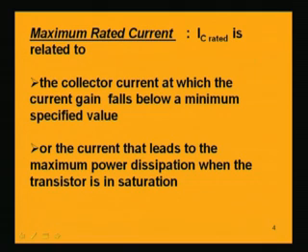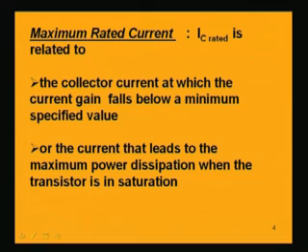So, beta should not fall below a specified value, and for that beta, whatever the collector current value is, that is determining the maximum rated current, or the current that leads to the maximum power dissipation when the transistor is in saturation. That also is a factor to determine the maximum rated current in a power transistor.